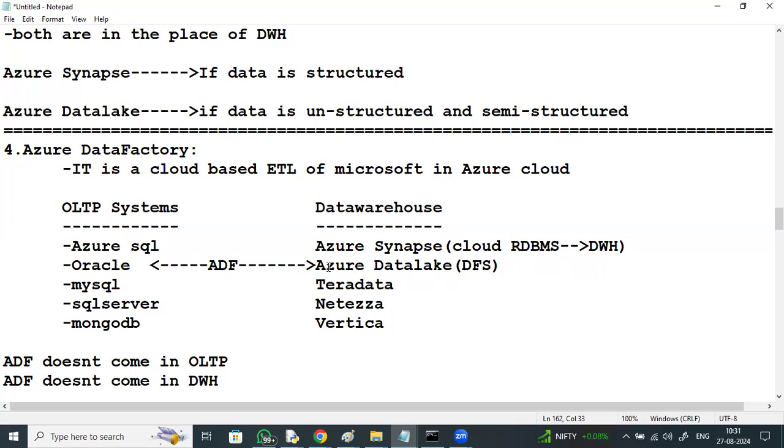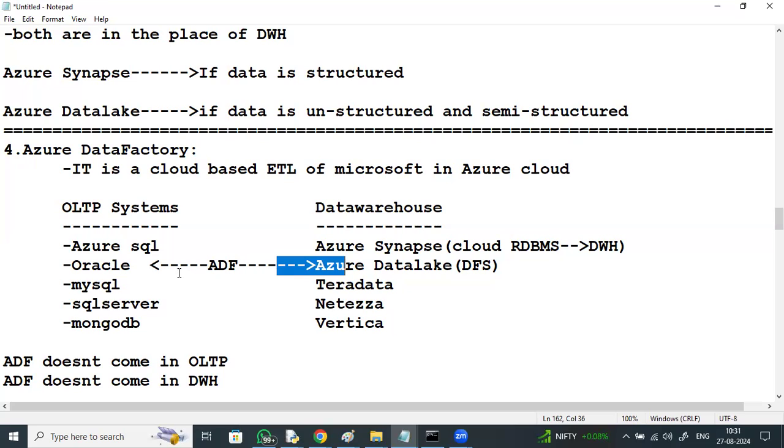Here ADF generally is ETL, but we perform ELT: extract, load, and then transform. ADF extracts the data from these OLTP systems and dumps it into the data warehouse.